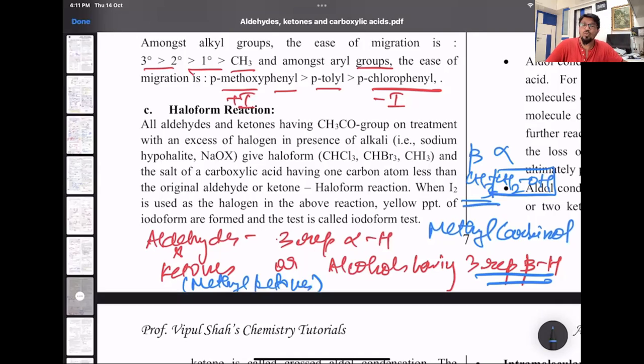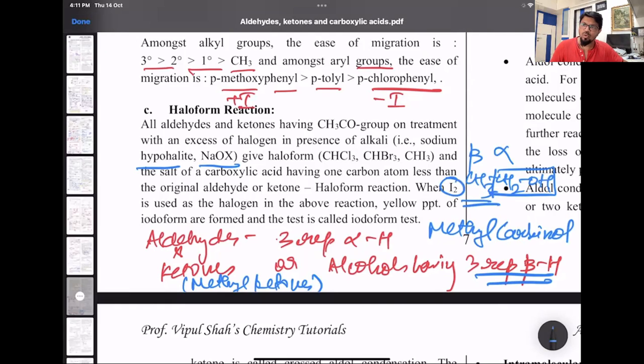Got the part? So aldehydes and ketones with 3 replaceable alpha H and alcohols having 3 replaceable beta H will always give yellow crystals of iodoform, or it will give chloroform also. That's called the haloform test. Normally we use NaOI, a hypohalite solution. On the arrow, it's either iodine in presence of NaOH or iodine in presence of sodium carbonate.